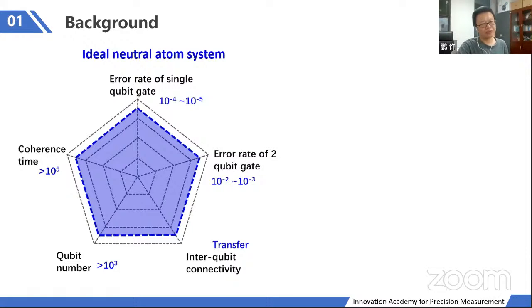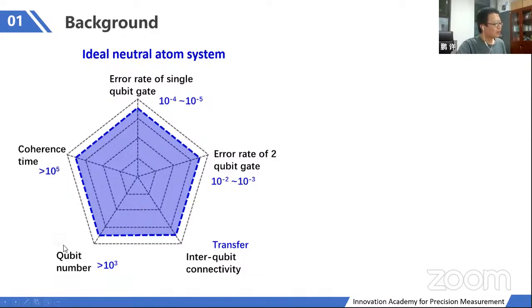They both use the electron spin state. So our neutral atoms should have very good coherence time, like the trapped ion system. And we should have error rates for the single qubit gate and the 2 qubit gate like the trapped ion system, because we both use lasers to manipulate the spin state, to manipulate the qubit.